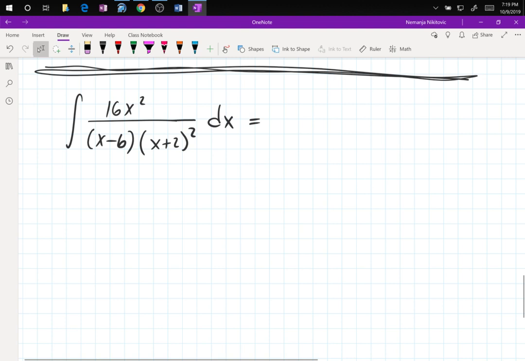Okay, let's take a look at it together. Kick 16 out. Have the x squared divided. No, let's just make the setup.